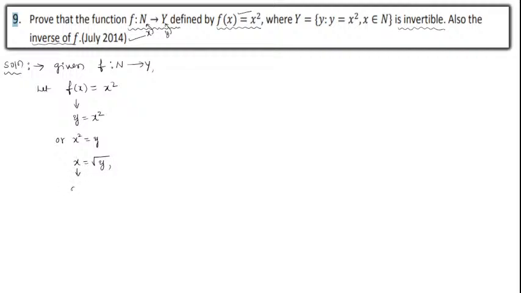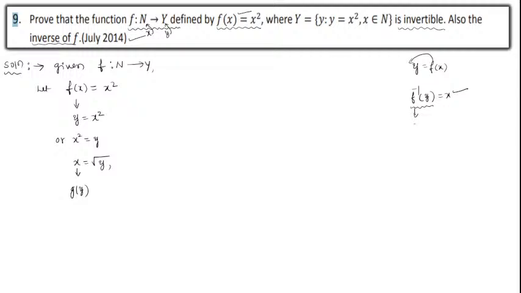In the next step write your x as g of y, because here I have taken y equal to f of x. To find the inverse, I will write this as f inverse of y, that is equal to x. So that x becomes your inverse of function f.